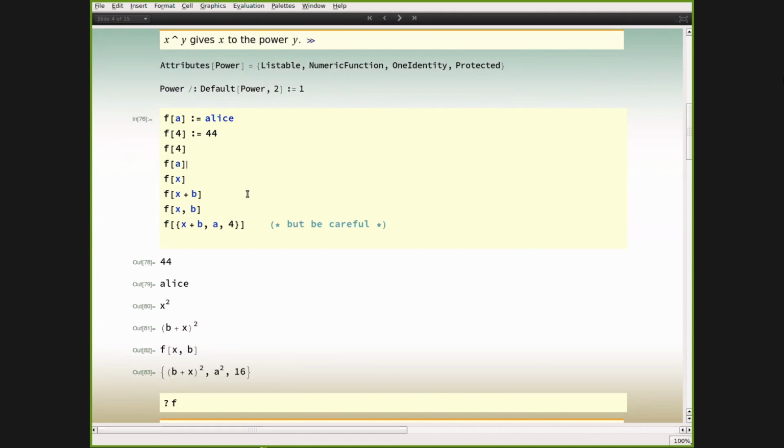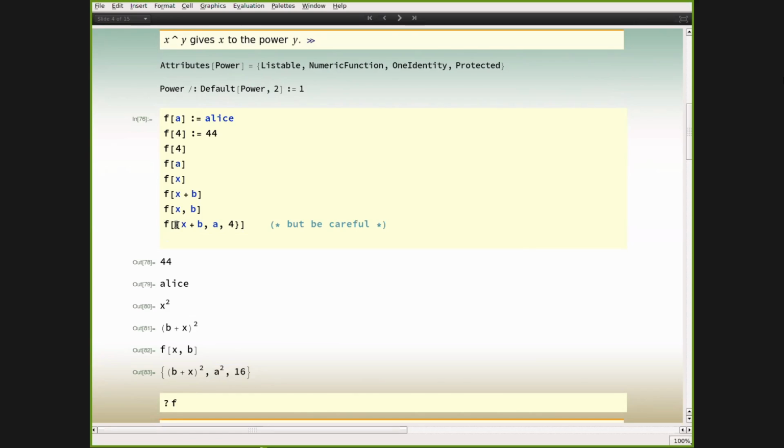And look, for example, f of 4 is 44, but if you call f with this list and there will be 4 or a, then they simply will be squared. Why?